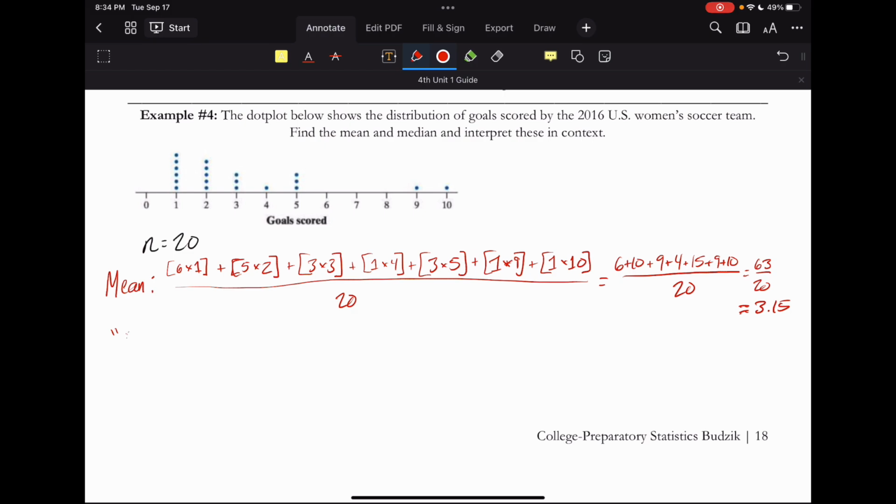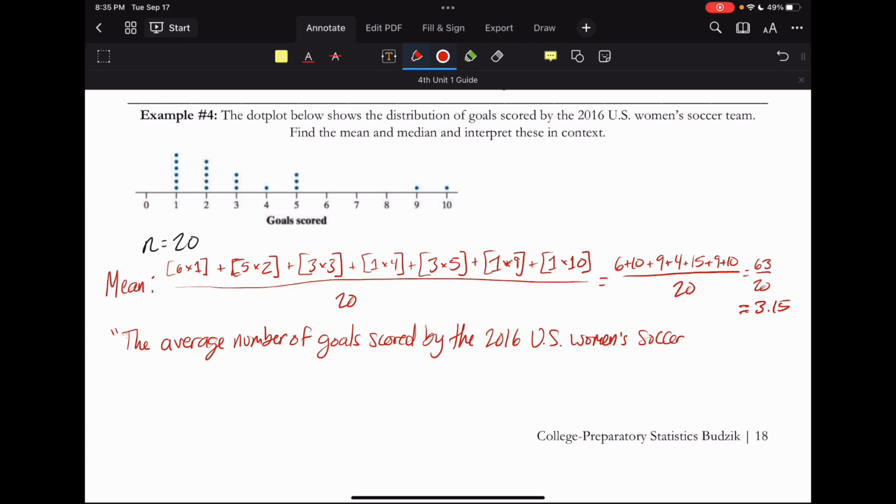So the interpretation of that number: the average number of goals scored by the 2016 U.S. women's soccer team was 3.15. And that, again, gives the context to what the number is that we just found.